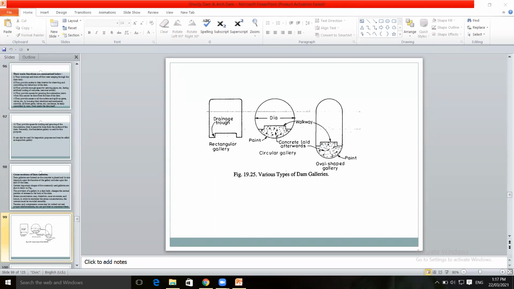This walkway is provided inside. This is a concrete which is laid afterwards. Depending upon the shape, these galleries are classified as rectangular gallery, circular gallery, and oval-shaped gallery. These are the types of dam galleries.